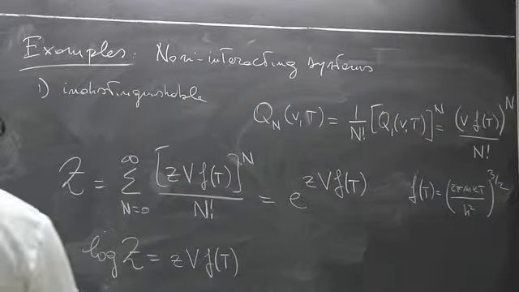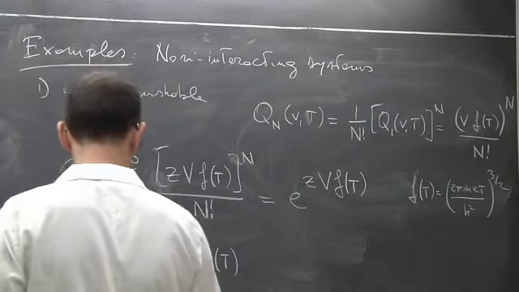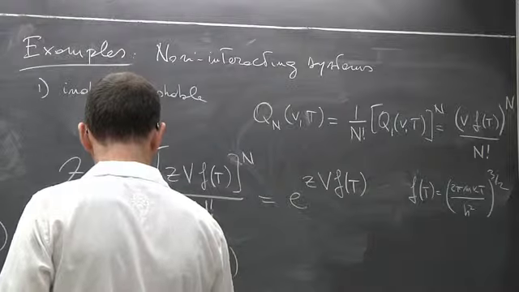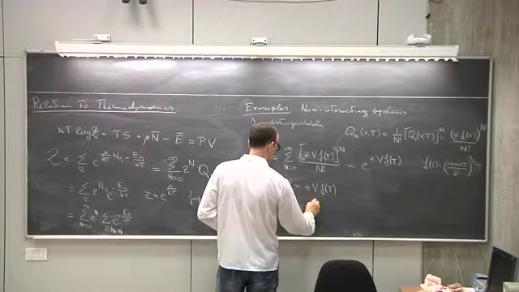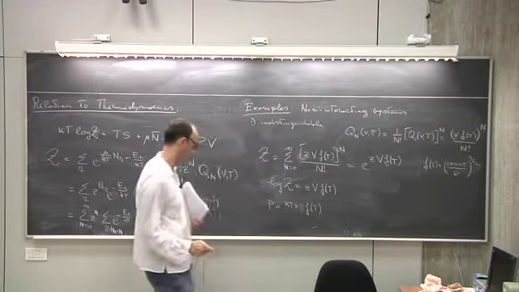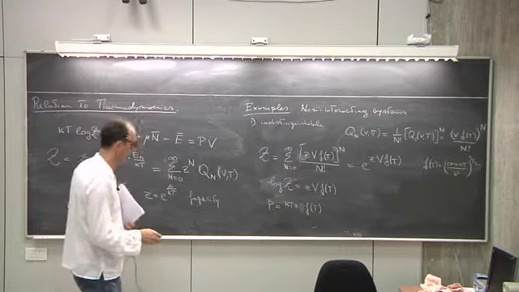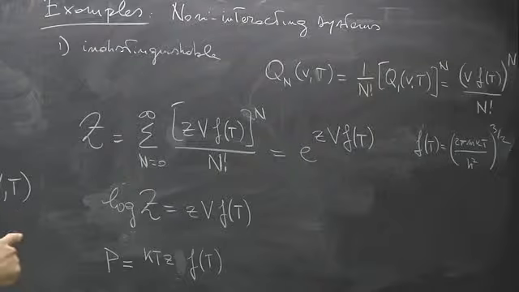And so the pressure is equal to kT times this. So it's kT z v times f of t, divided by v, so the v goes away. So this is the pressure.